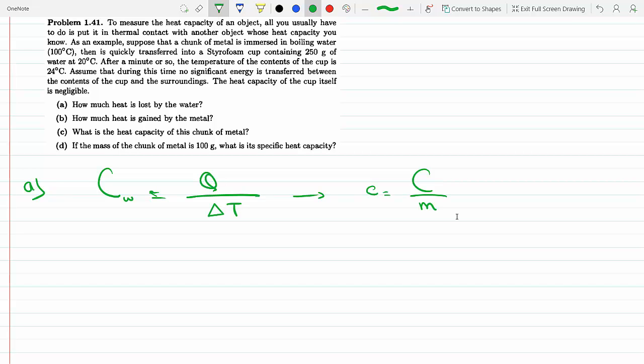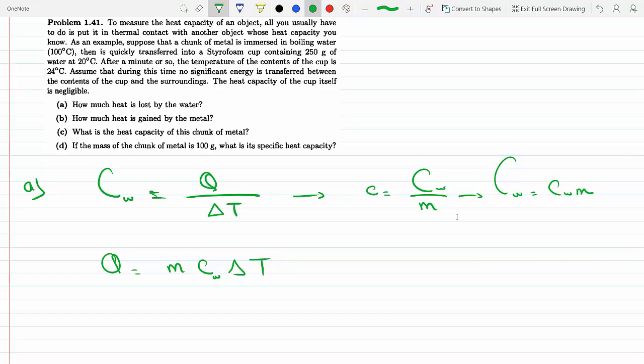In other words, big C for water is equal to small c for water times the mass. If we plug this back into the equation, we get Q equals m c delta T. This is where our famous Q equals m c delta T equation comes from, with c for water.